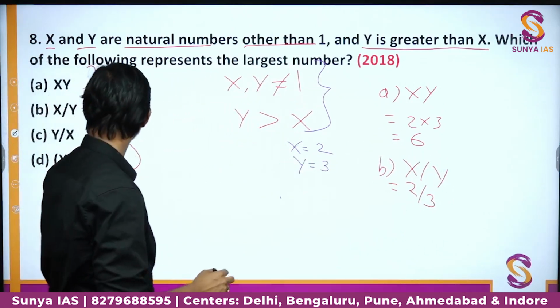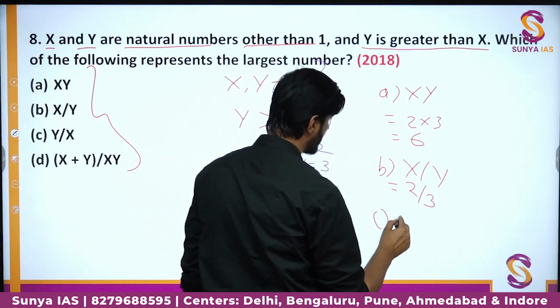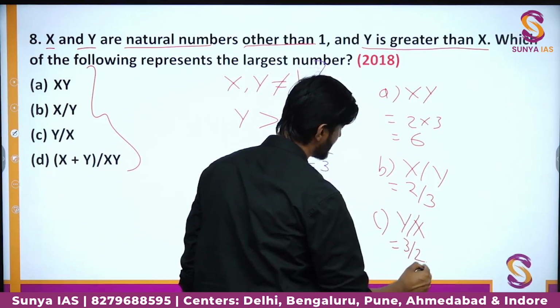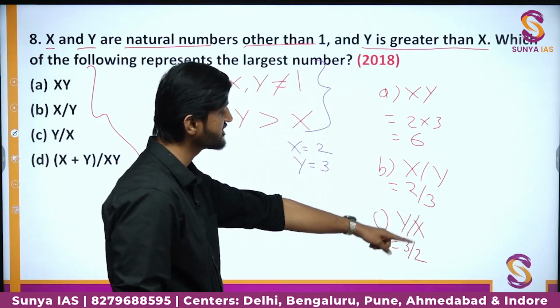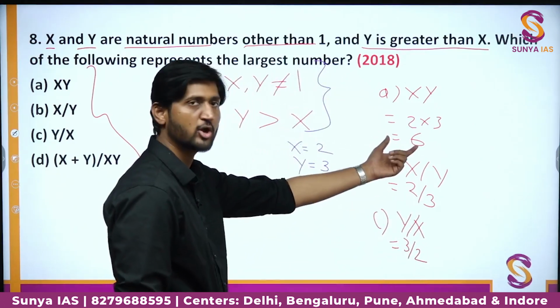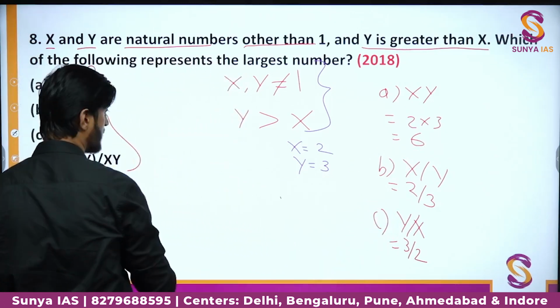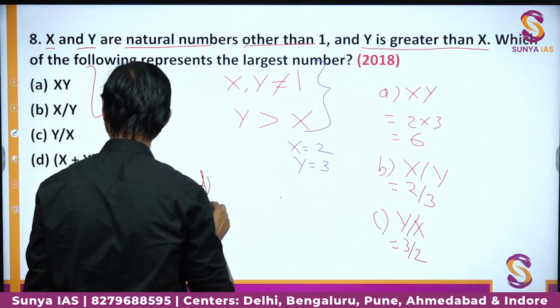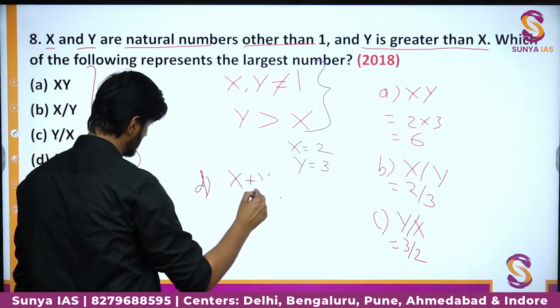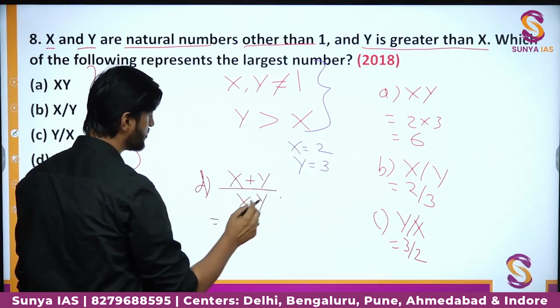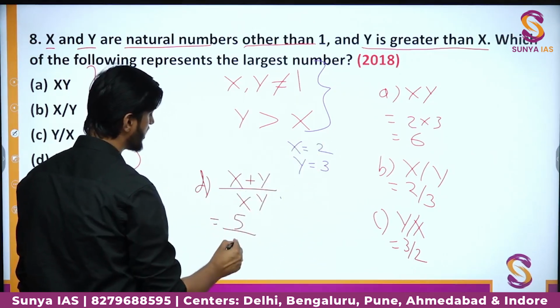Then let us try the third option. Third option is y by x, which means we will have 3 by 2, again a fraction, even though it is larger than the previous fraction, but overall it is smaller than 6. Finally, we have option number D, which says that we have x plus y upon xy. X plus y coming out to be 2 plus 3, that is 5, and x into y coming out to be 6.